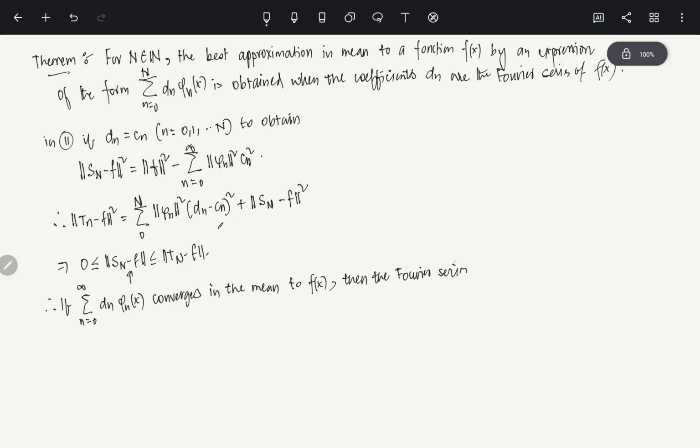The Fourier series converges in mean to f of x.